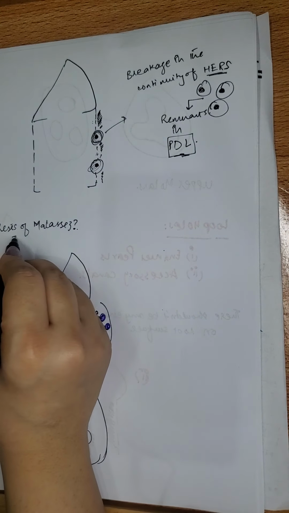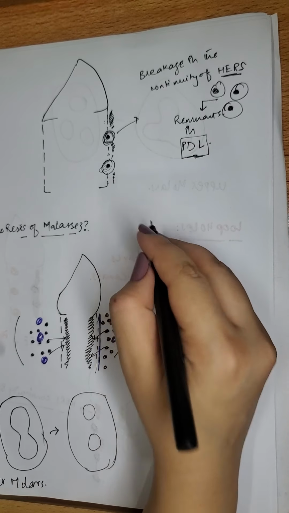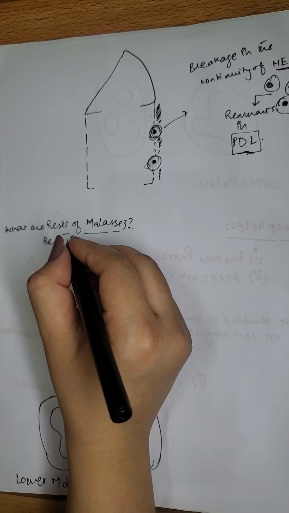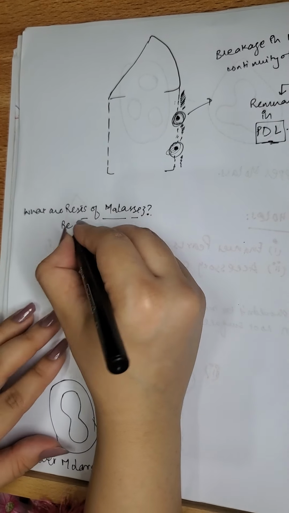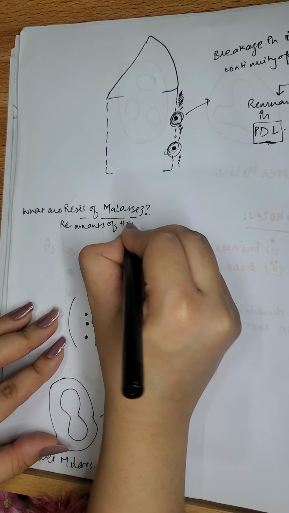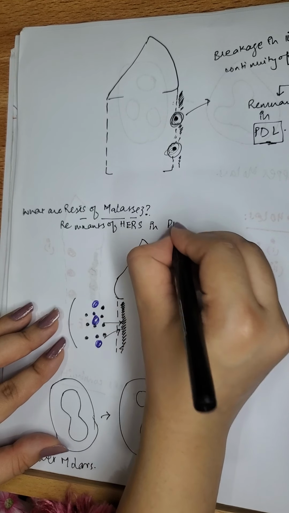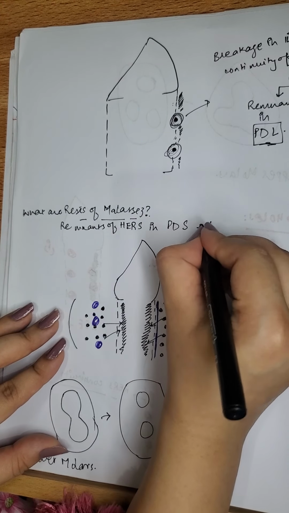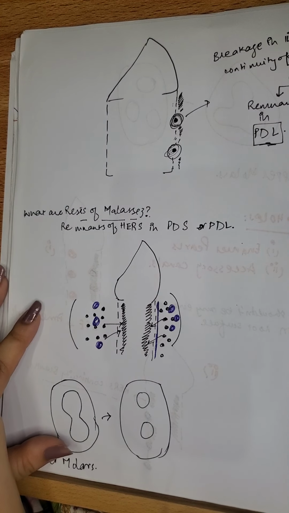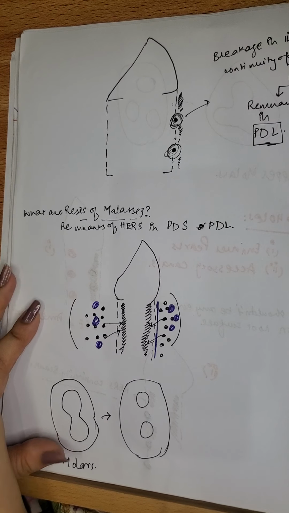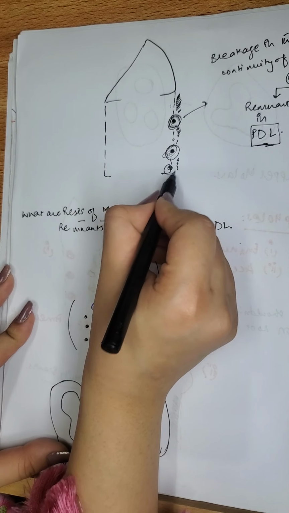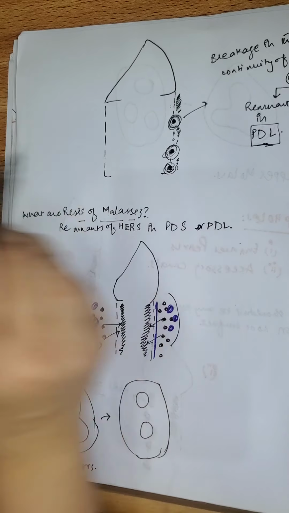These are called the epithelial rests of Malassez. So what are the rests of Malassez? These are the remnants of Hertwig's epithelial root sheath in the periodontal space surrounding the root structure. So these are the clumps, or small epithelial islands. Here you can see.